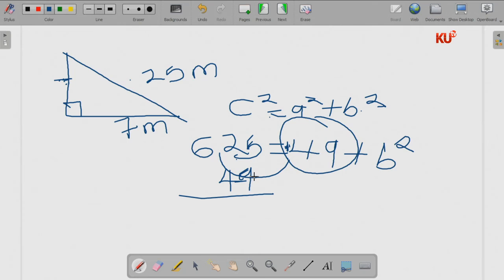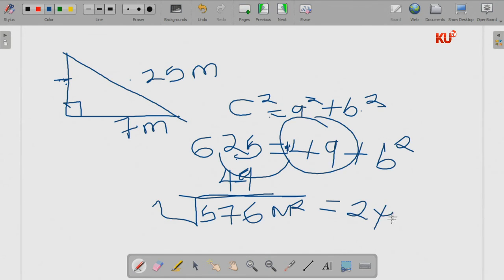I want you to work out with me. 576 square meter. What do you do to get the square root? You get 24 meters. Then here is 24 meters.